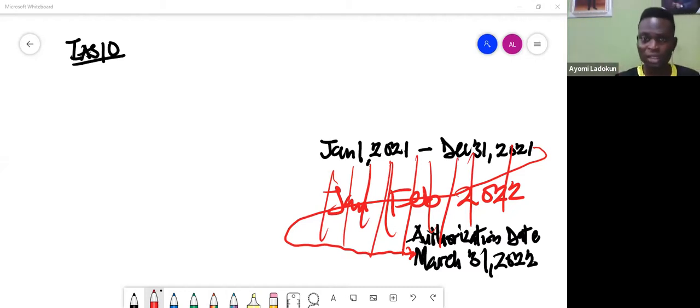The issue now is, between the end of the reporting date, which is December 31, 2021 in this scenario, and before financial statements are authorized for issue, that is an event after the reporting period. Be with me here. If the event happened during the accounting year, that is not IAS10.